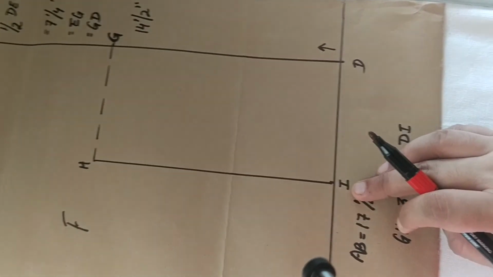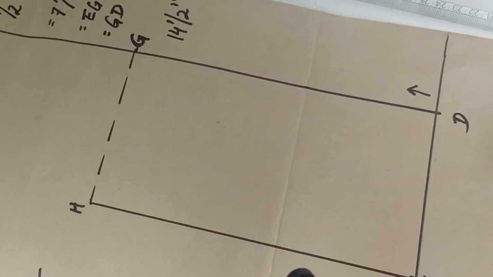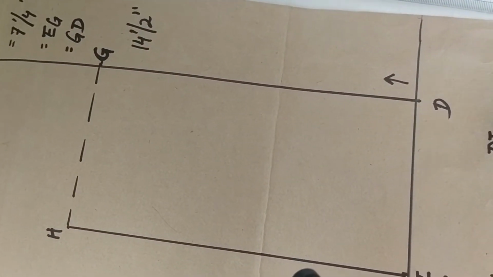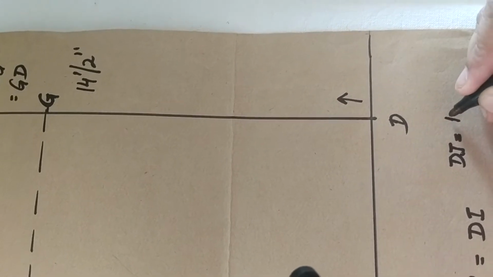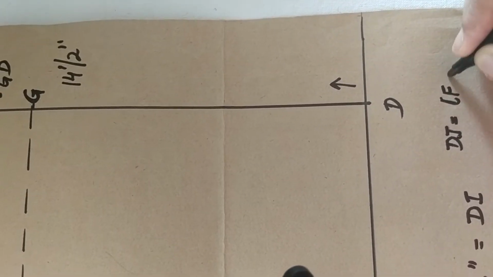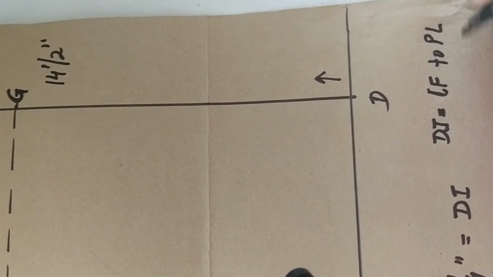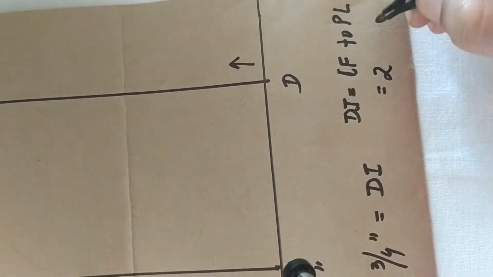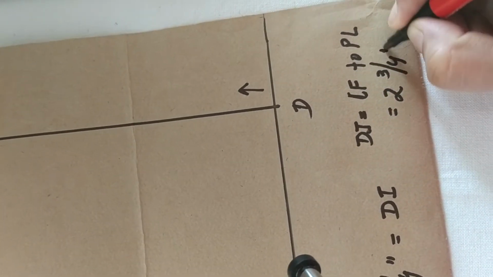So next point would be J. I'll write it down here as DJ, which is equal to center front to princess line, which is further equal to 3/4 inches.